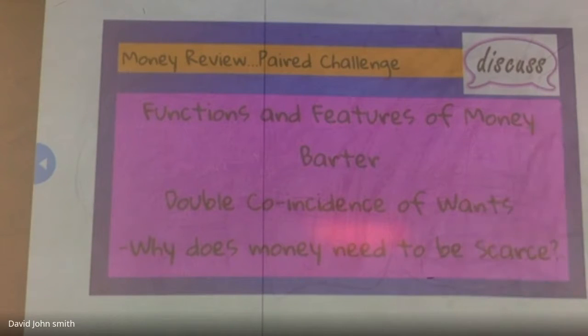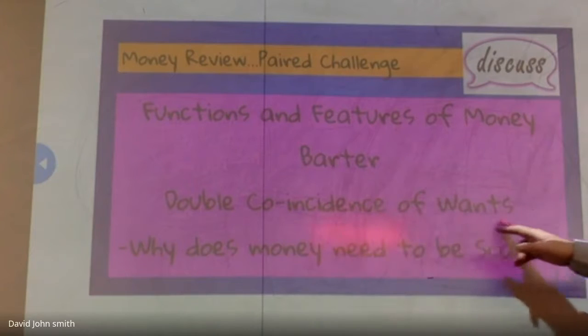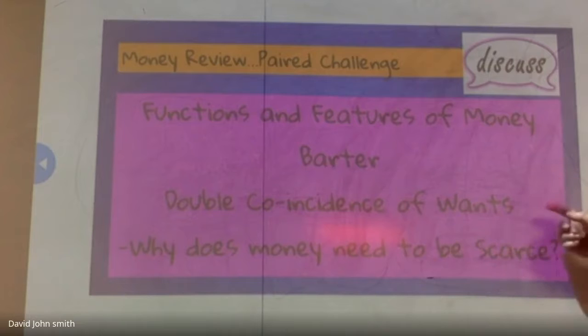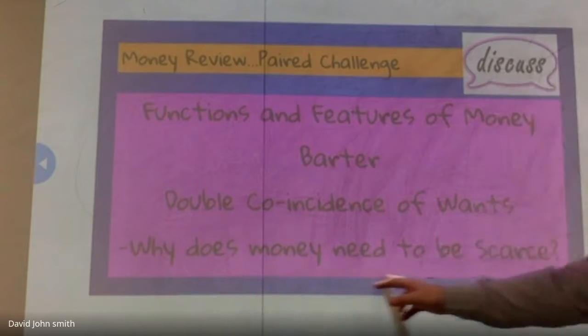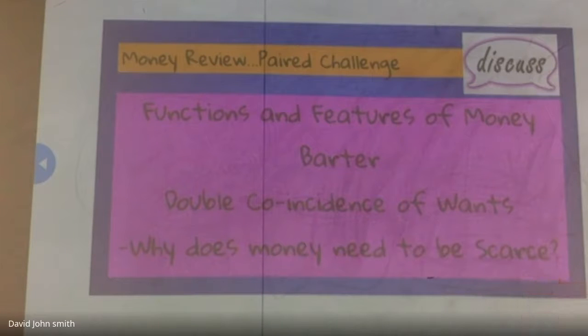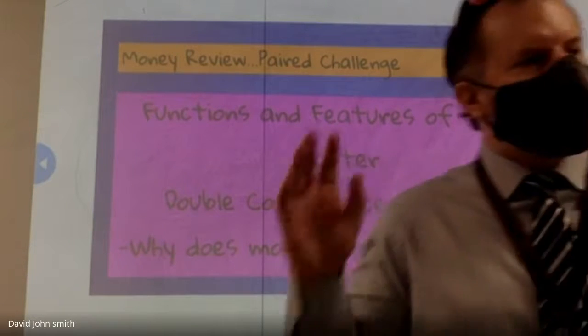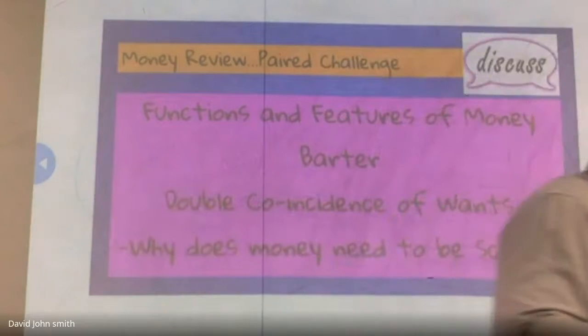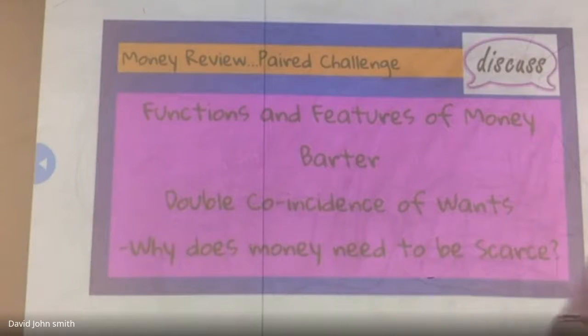It would have answered what barter was. It would have talked about what the double coincidence of wants is and how money solved that. And it would have answered the question, why does money need to be scarce? So that's where we were last week, Wednesday.